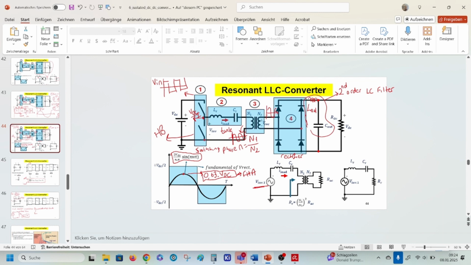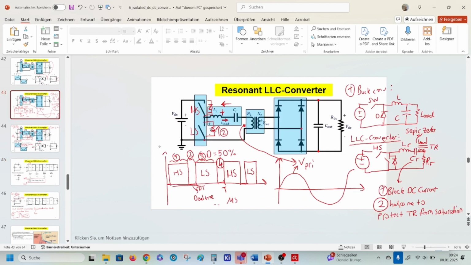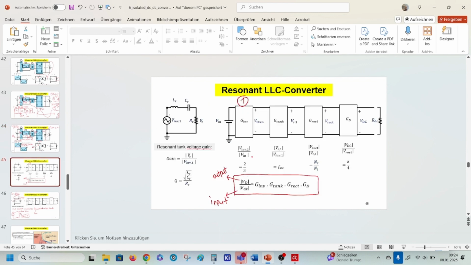And if we divide this voltage, or if we calculate the gain transfer function related to output to input voltage, then 2 over pi times DC voltage divided by DC voltage would give us 2 over pi. This is our gain.